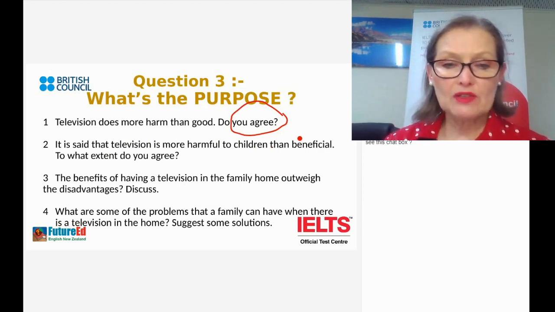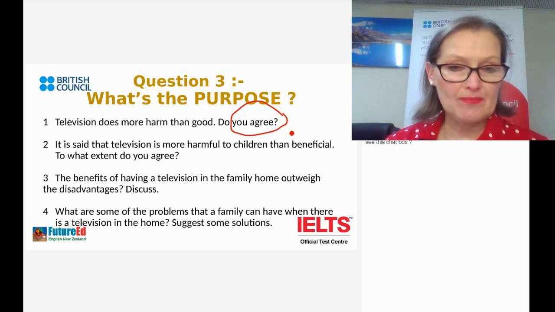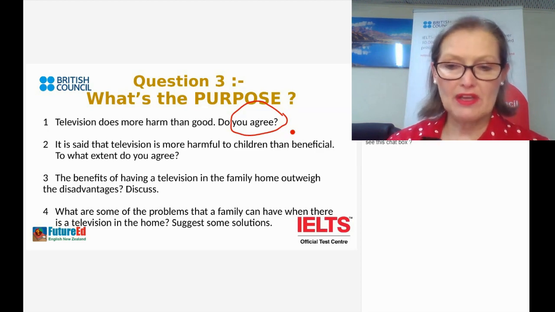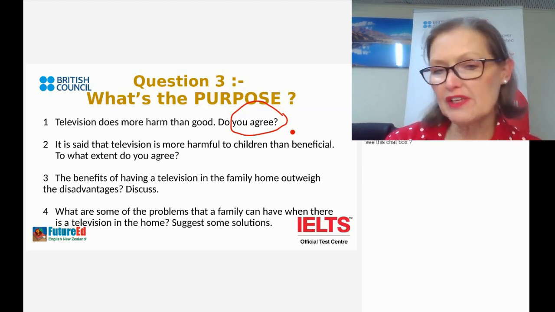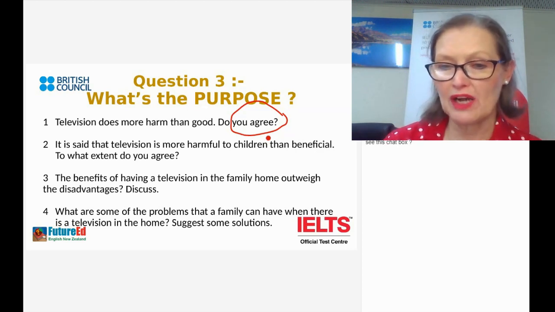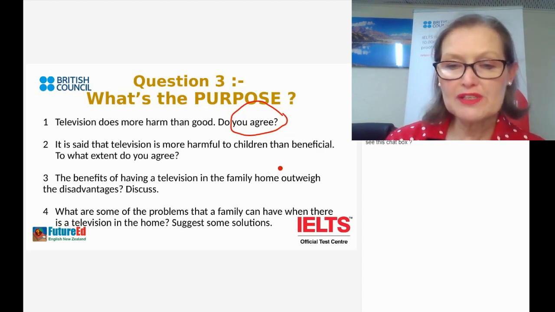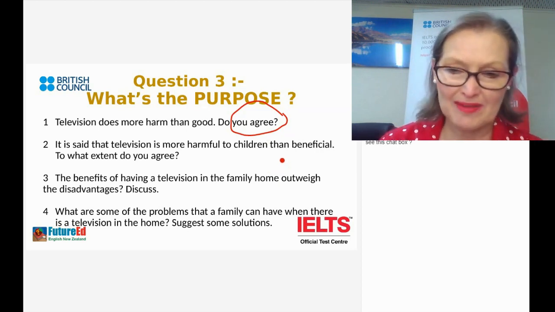So let's have a look at question number 1 again. Now we know that my topic is television. And what is my purpose? If we went back to the 5 kinds of essays that I could write, which essay do I have to write? Have a look at this little word here, agree. Do you agree? So this essay is going to be an agree-disagree essay.